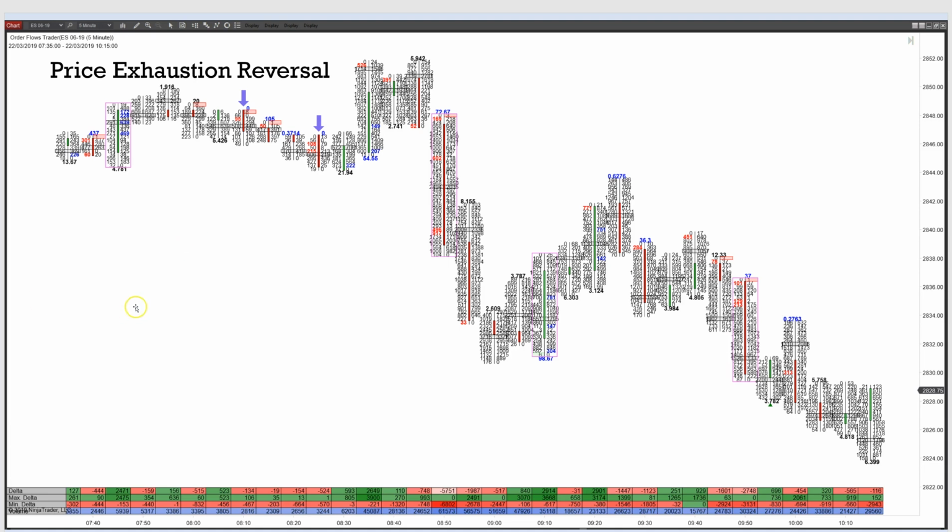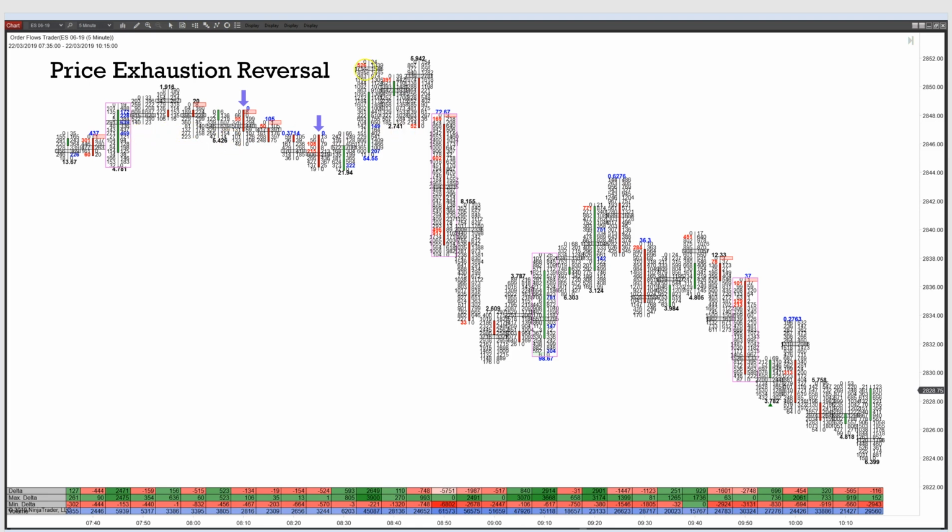Now granted, you're looking at delta here, not necessarily the volumes, because this is right when the cash opened, but the deltas are going to get bigger once the cash opens. So cash opens, and you see the delta is positive 2,600. Then you get the inside bar, so I'm not really concerned with what's happened here.